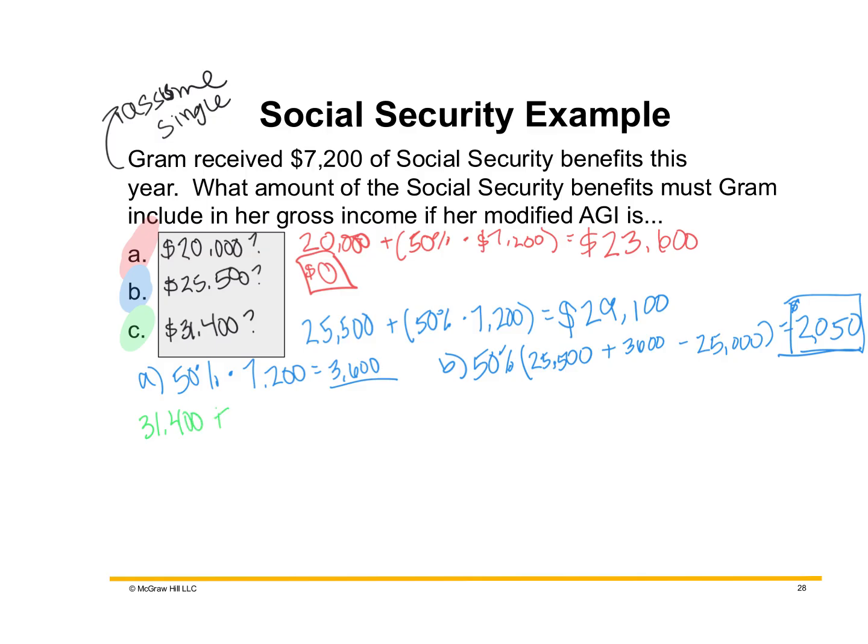And then if we add, make that a plus sign, my goodness, Katie. If we add 50% of our Social Security benefits of 7,200, plugging into my calculator, sorry about that, plus 31,400, that gives us 35,000.